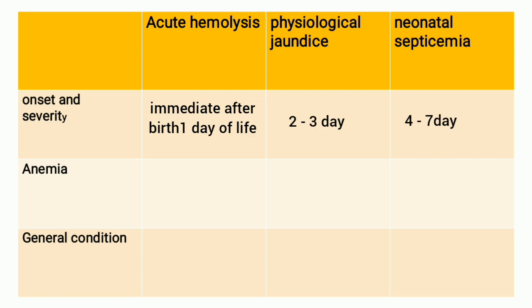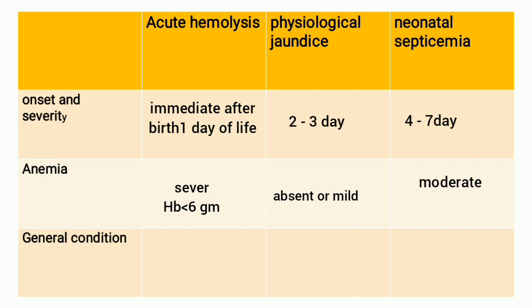Anemia in acute hemolysis is so severe that hemoglobin levels may reach below 6 grams per deciliter. In physiological jaundice, anemia is absent or mild. In neonatal septicemia, anemia may occur but is moderate.